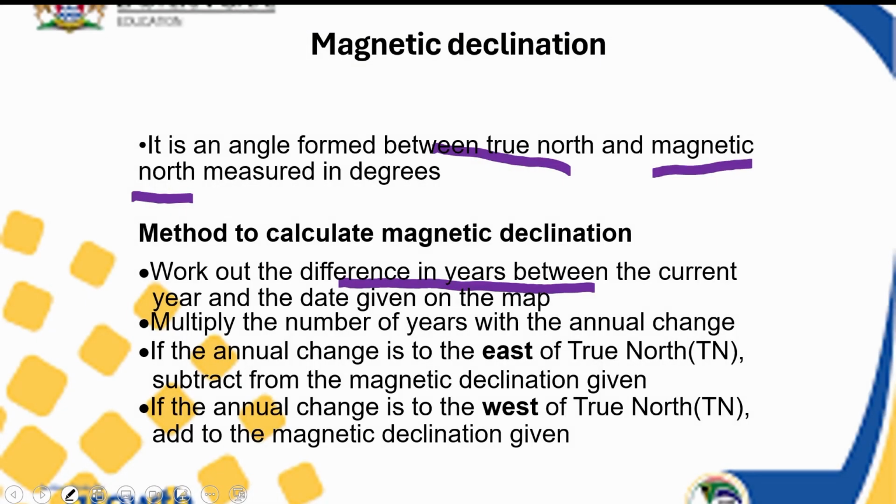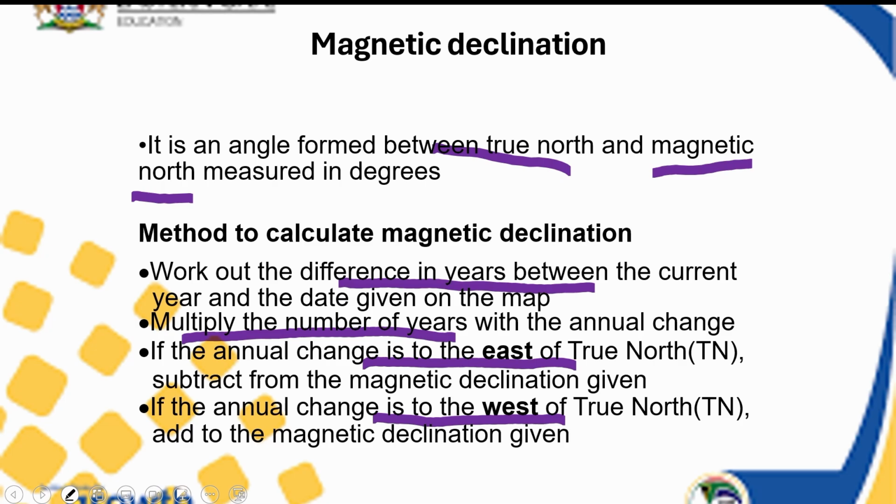You need to work out the difference between the year that you are asked to calculate for and the date given on the map. Then you multiply the years with the annual rate of change. And then we've got two directions. There is a movement to the east of the true north, and also there is movement to the west of the true north in terms of the annual rate of change.